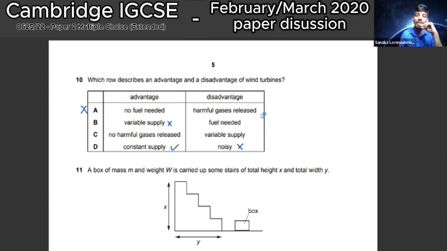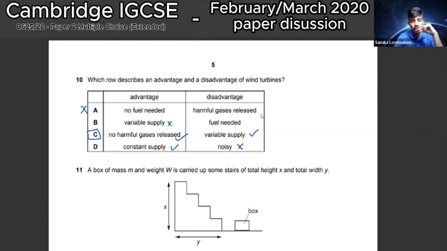The large disadvantage is variable supply. The advantage is that no harmful gases are released, and the disadvantage is variable supply. So C is the most correct answer. It should be C.